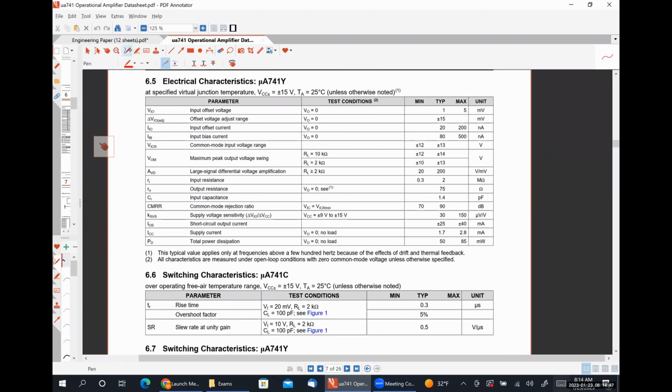Input resistance right here is at a minimum 0.3 mega ohms, but is typically 2 mega ohms. Okay, so that's a resistance of 2 million ohms if we were to look into the input terminals of our op-amp.